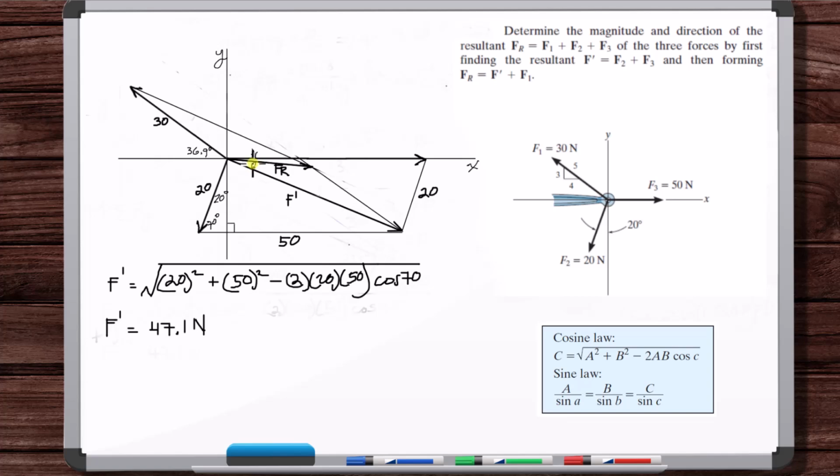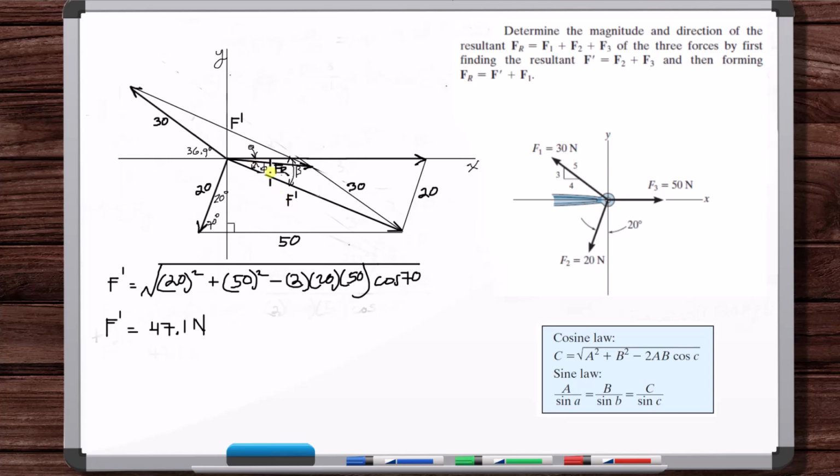And then you've got an angle here and an angle here. Let's call this angle theta. Let's call this angle psi. And then let's call this entire angle beta. Okay, and we know that this is 30. And we know that this is F prime.